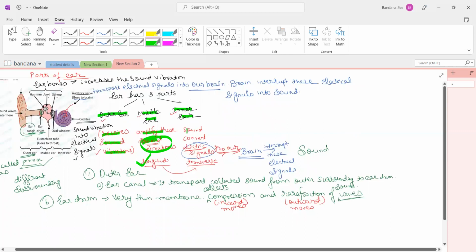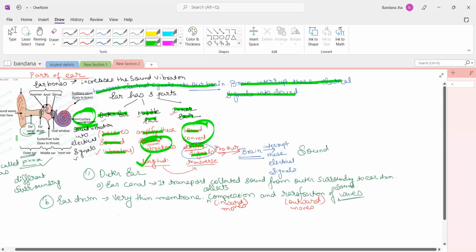Whereas the inner ear converts our sound into electrical signals. And this conversion is done by our cochlea. It converts the sound vibrations into electrical signals. After converting, the auditory nerves transport these electrical signals to our brain, and the brain then interprets these electrical signals into your sound signals.